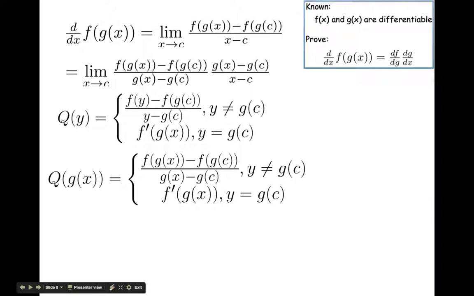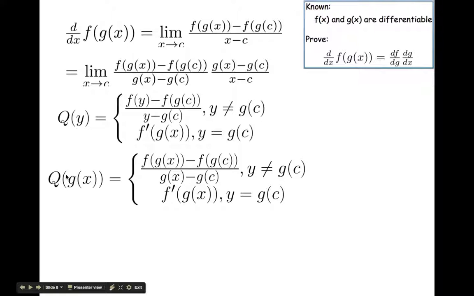So now, if we plug in g of x into that function q, we get q of g of x is equal to f of g of x minus f of g of c divided by g of x minus g of c, when y is not equal to g of c, and the derivative of f with respect to g when y is equal to g of c.